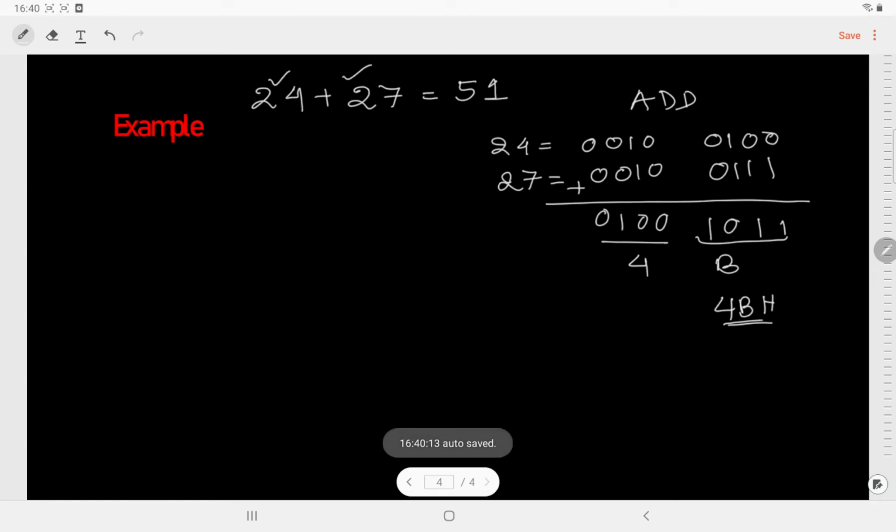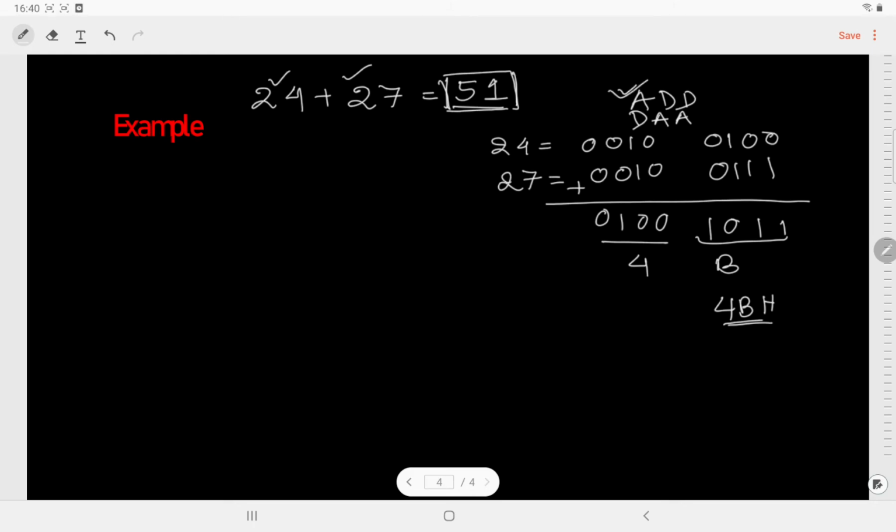But what do we want? We want the result in the decimal number system. That means we want our result to be 51. So what can we do? We can use the instruction DAA just after the ADD instruction.